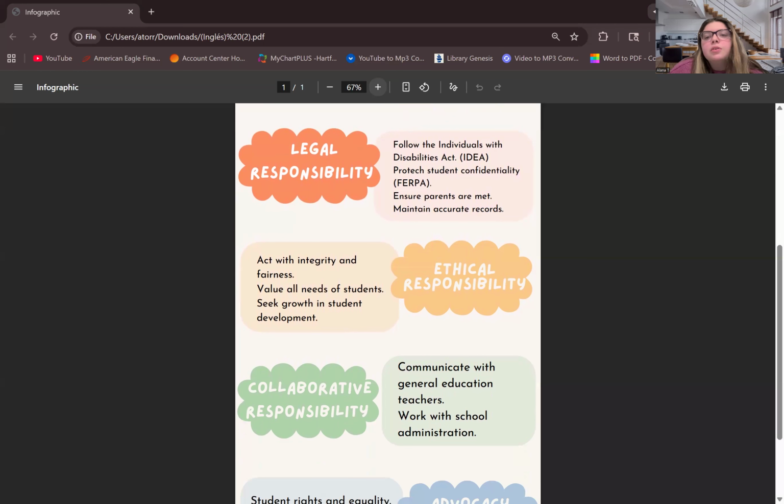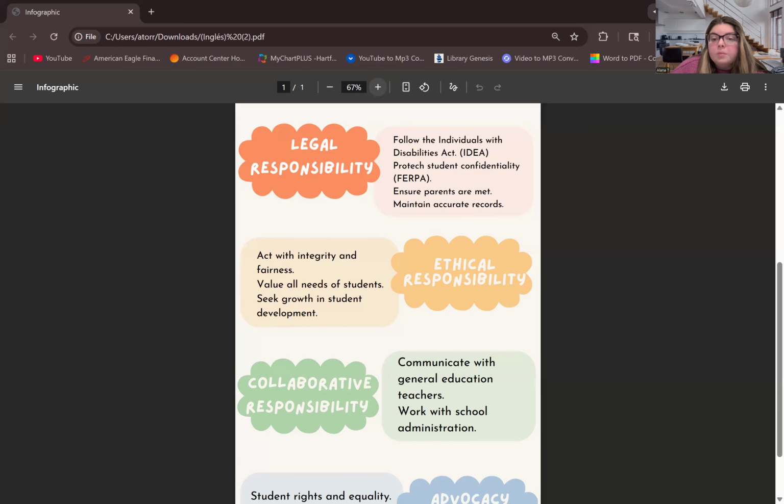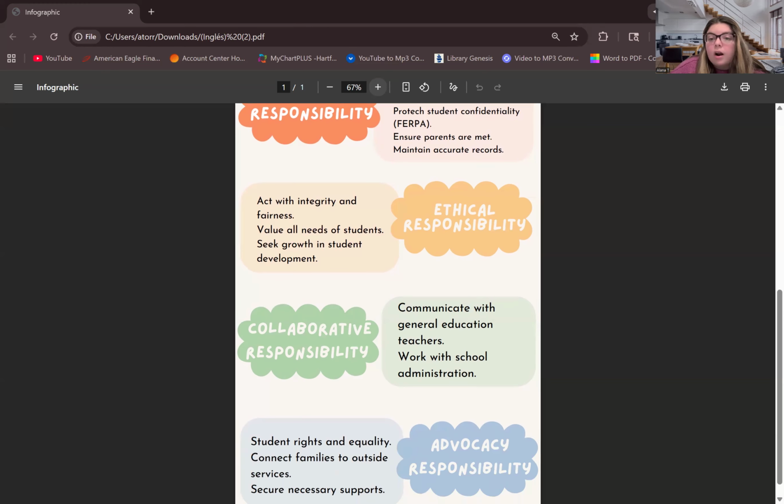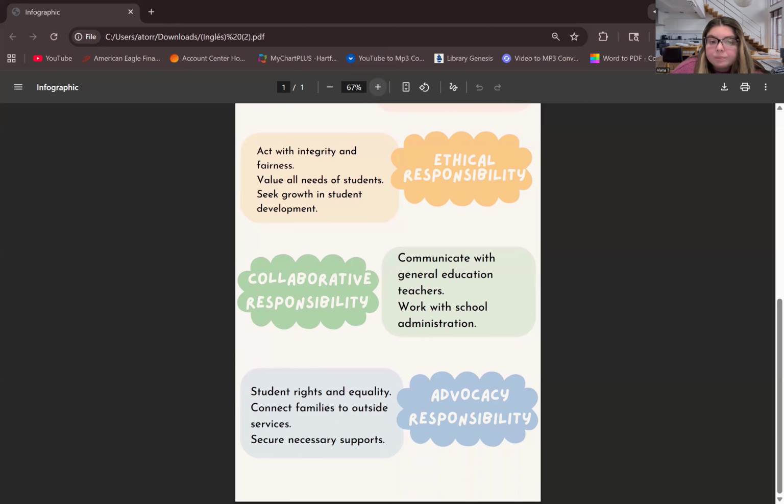Also, ensuring that communication is happening between parents and staff, special education staff and general education staff, and also maintaining that records are accurate and up to date.